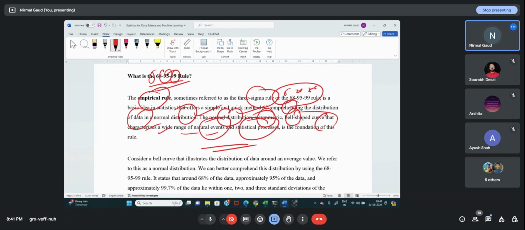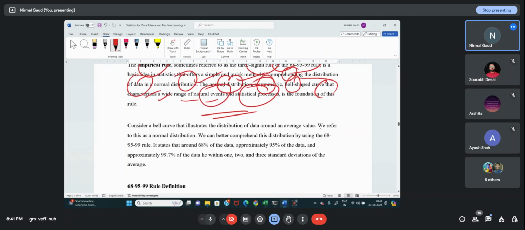That's why I told it is a reference plot. Many natural events and statistical processes can be represented with the help of normal distribution or Gaussian distribution. I told you we are available with data which comprises such distributions. We can keep this as a reference.